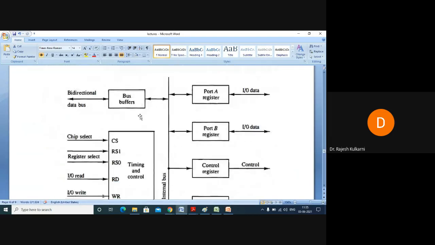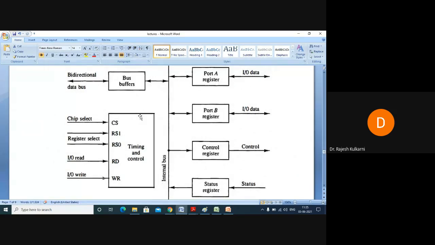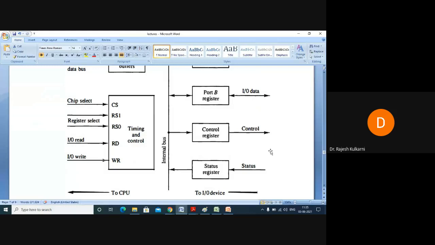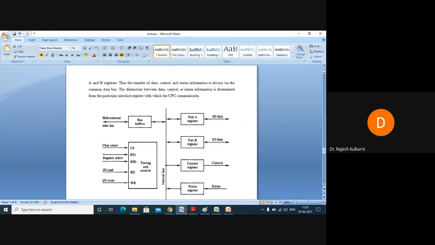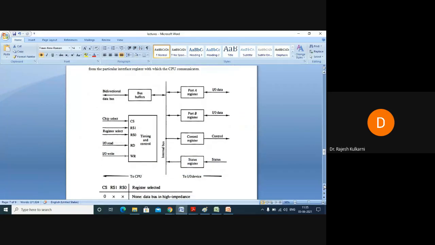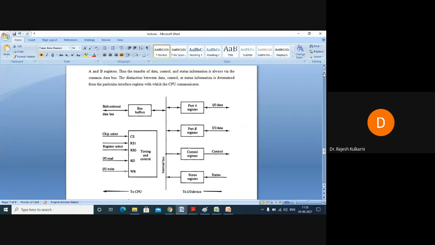Let us look at this diagram. I request all of you to look at this diagram for a few seconds.